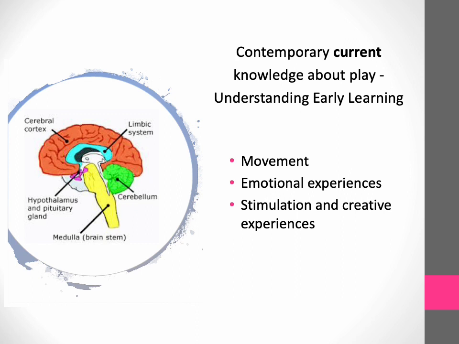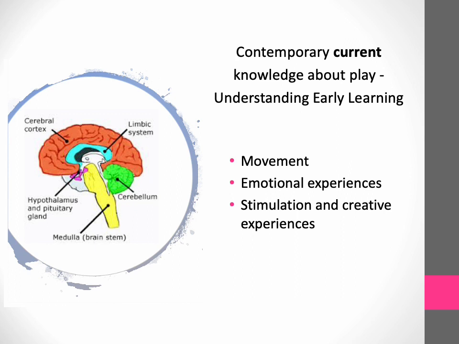Current contemporary knowledge about play really focuses on brain development. Brain development depends on both nature, your genes, and nurture, those early experiences. Brain architecture and developing skills and abilities are built in a hierarchical bottom-up sequence.